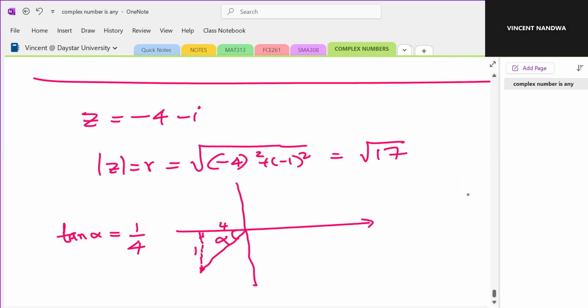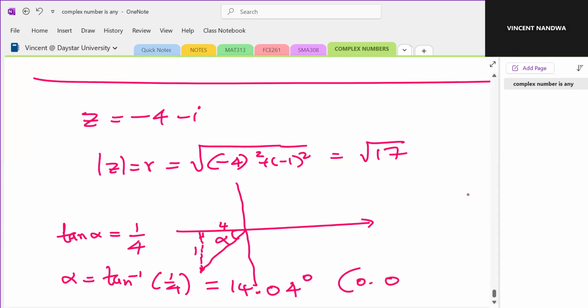So alpha is tan inverse of 1/4, which will give us the value 14.04 degrees, which is the same thing as 0.07798 pi radians.